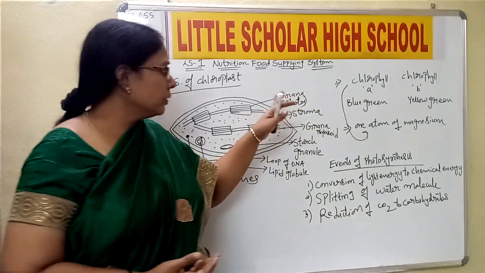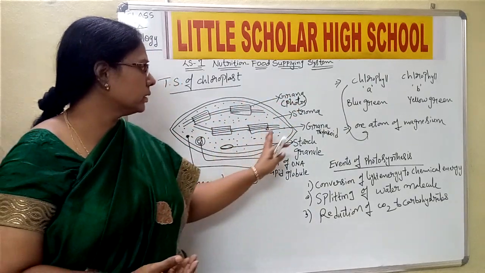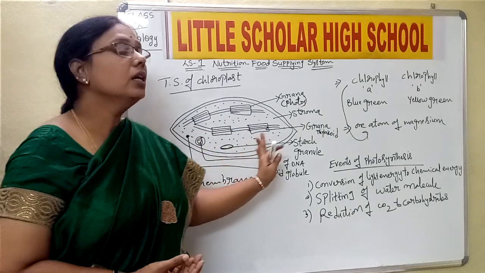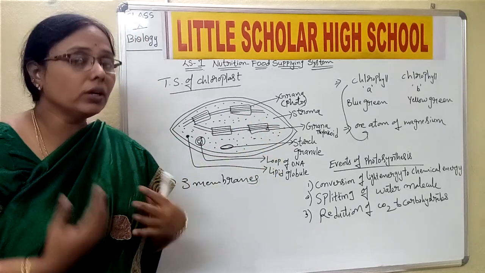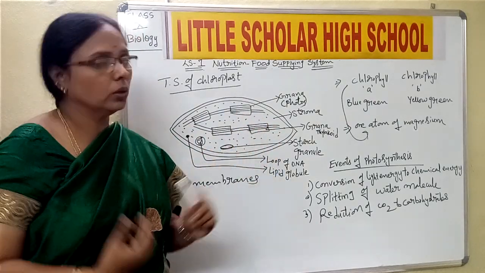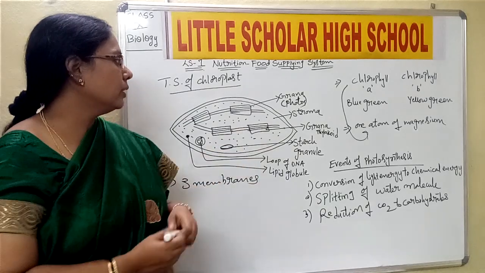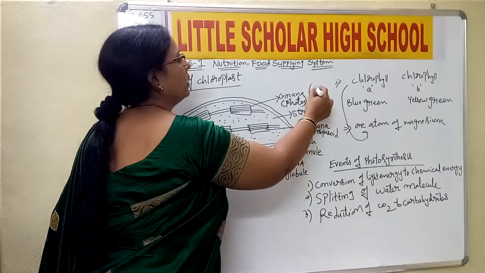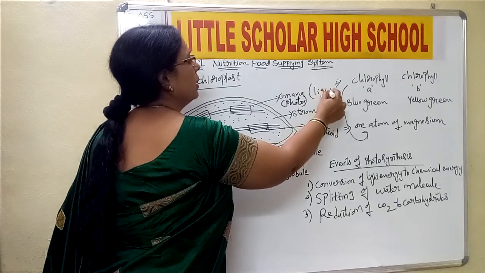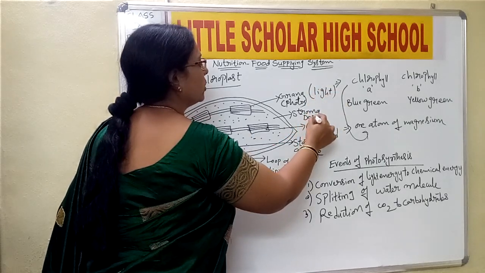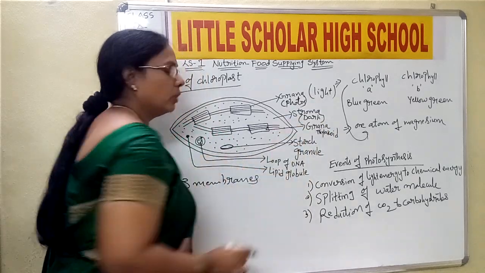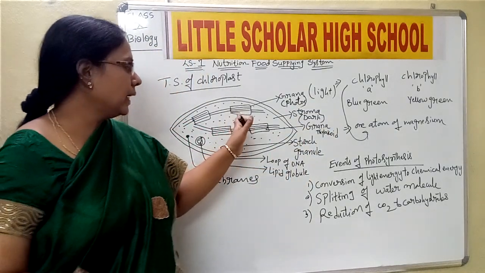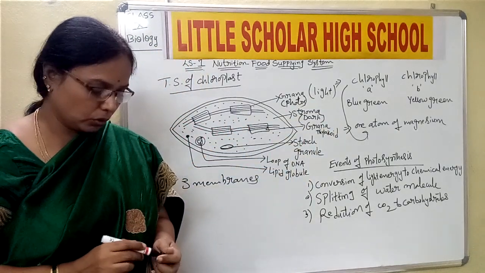Now we said that photosynthesis is going on in the chloroplast. Then what is actually happening in the chloroplast? We can say that the light reaction takes place in grana, and the dark reaction takes place in stroma. Now what is exactly happening in the process of photosynthesis?